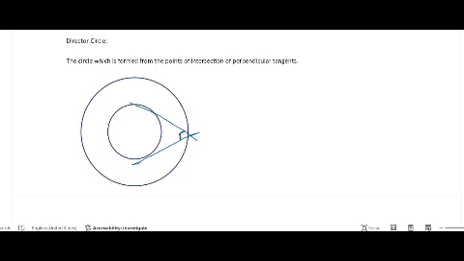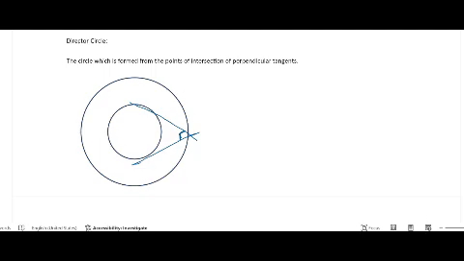When you draw many more such pairs of tangents that form 90 degrees, you realize that the points of intersection of these tangents form a circle, right? And this circle formed by the points of intersection of these pairs of tangents that form 90 degrees is called a director circle. And what is the equation of a director circle?